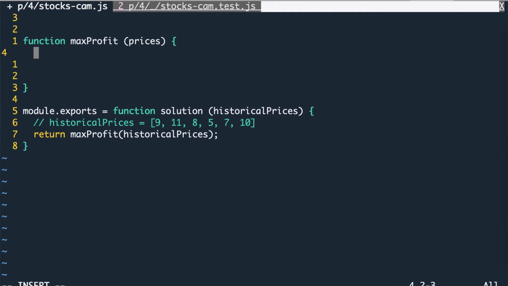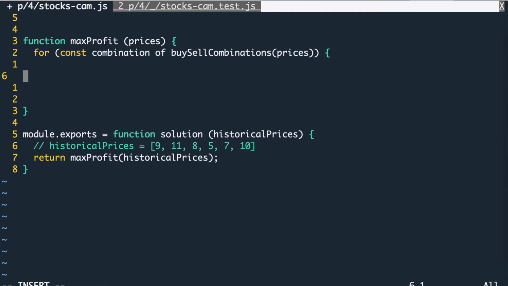I said it'd be really nice if we had something like for const combination of buy sell combinations on the prices.